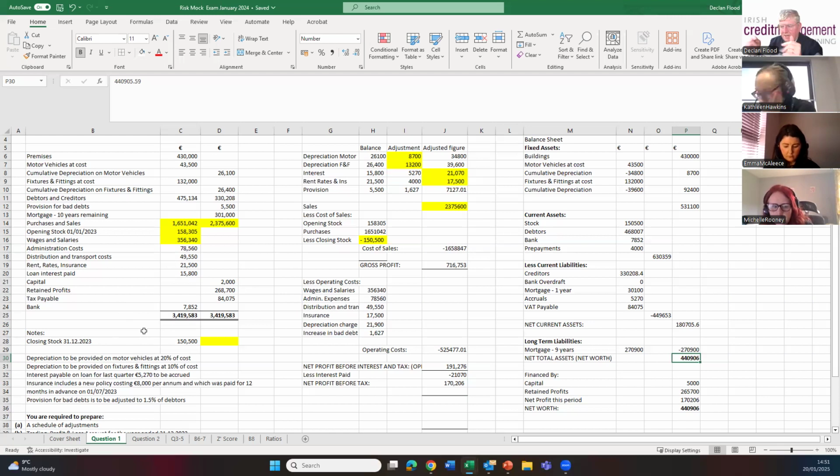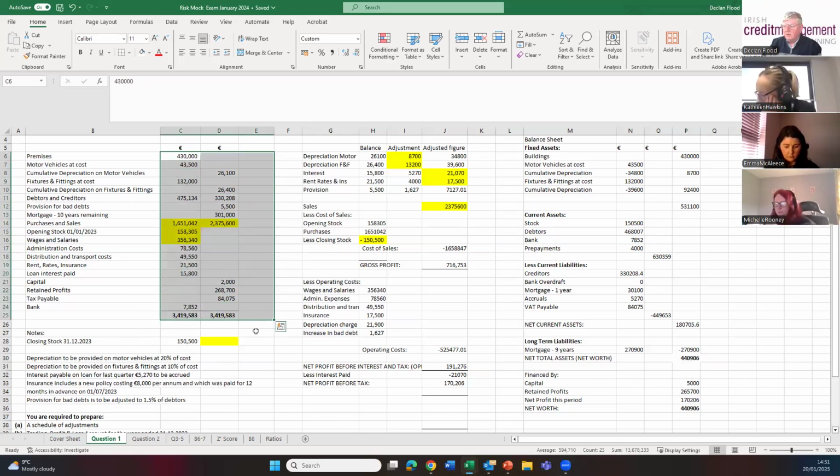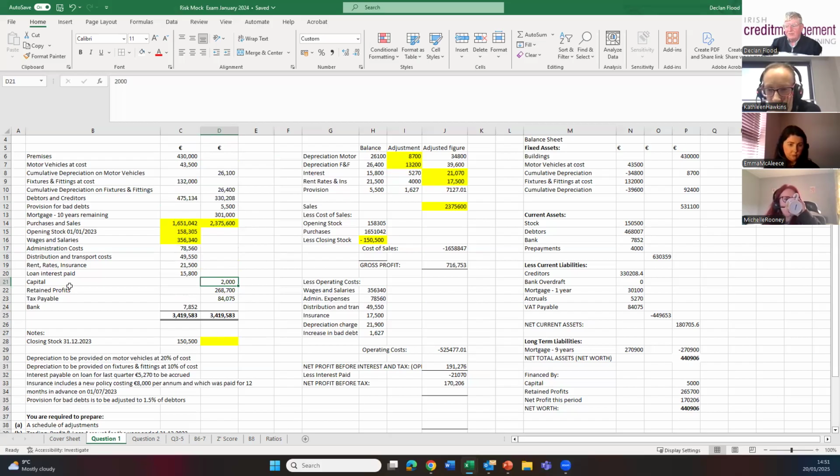So if I have a difference of 4,000, and I'm going, how the hell? There's no figure there for 4,000. When I divide the 4,000 by two, I get 2,000. And then I go, oh, there's a capital figure there for 2,000. Would you look, I subtracted the capital figure instead of added it. So if you add something instead of subtracting it, that can do it as well.